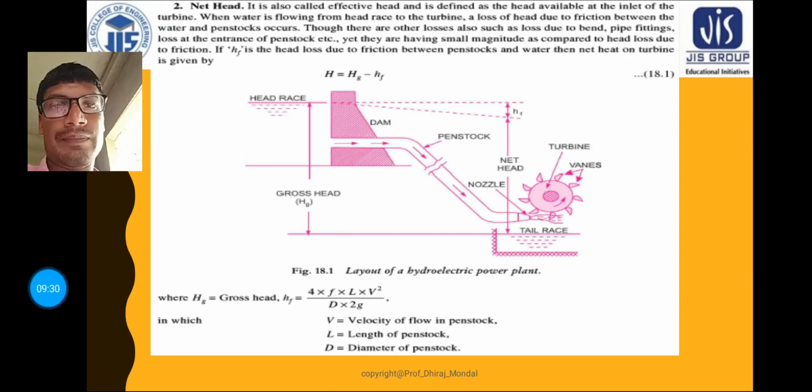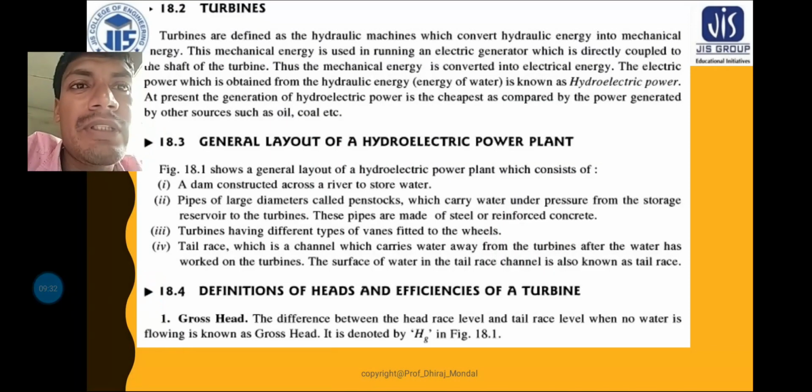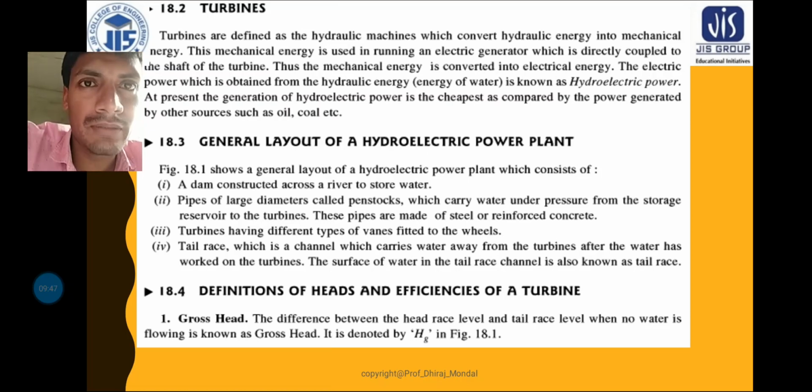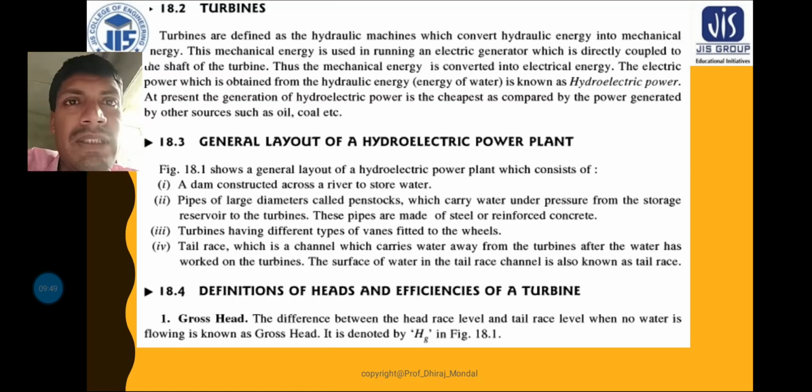So here you can see, if I am talking about the general layout of a hydraulic power plant, there are some basic requirements. In the figure you have already seen what the hydraulic turbine is and how it is operated. Again we will be discussing it.